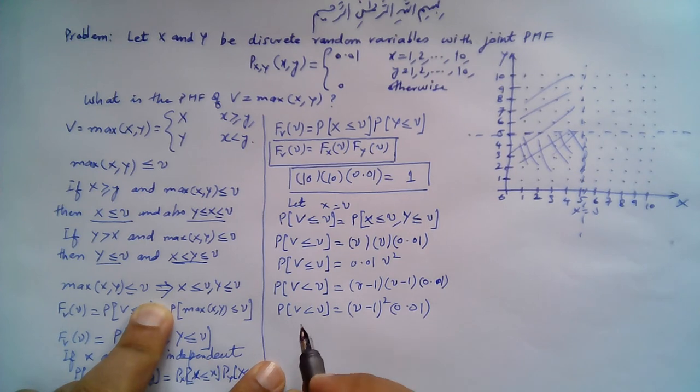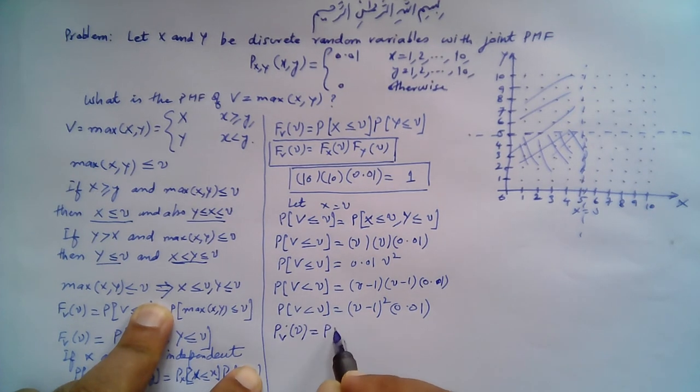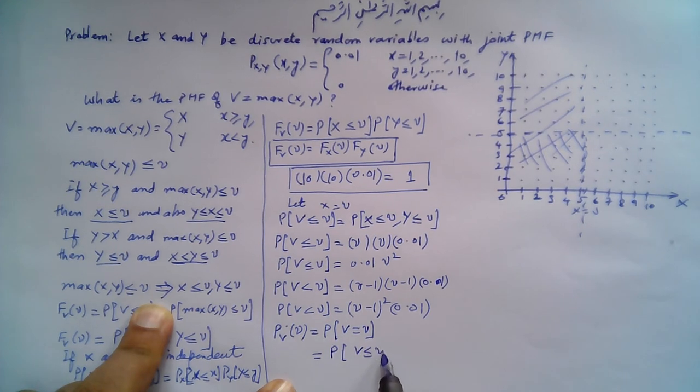So we are interested in calculating the PMF, which is equal to the probability that capital V takes on a small value v. And this in turn is equal to the probability that V is less than or equal to v minus the probability that V is less than v, right?